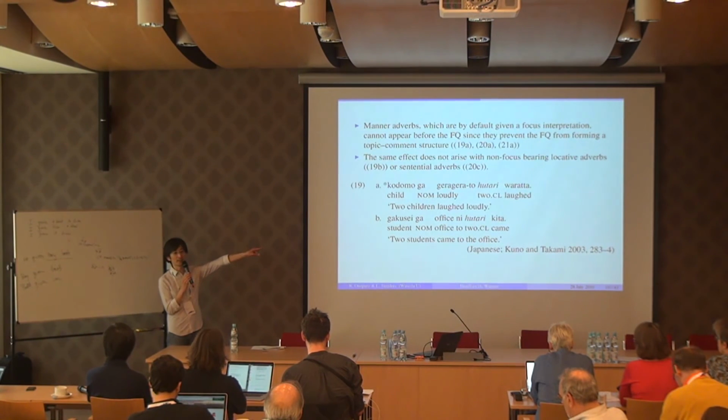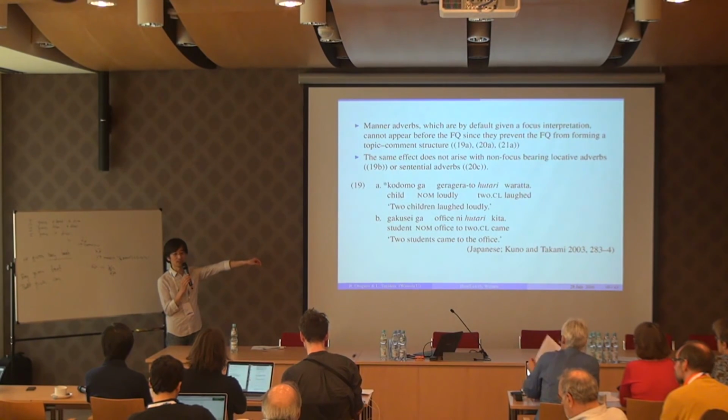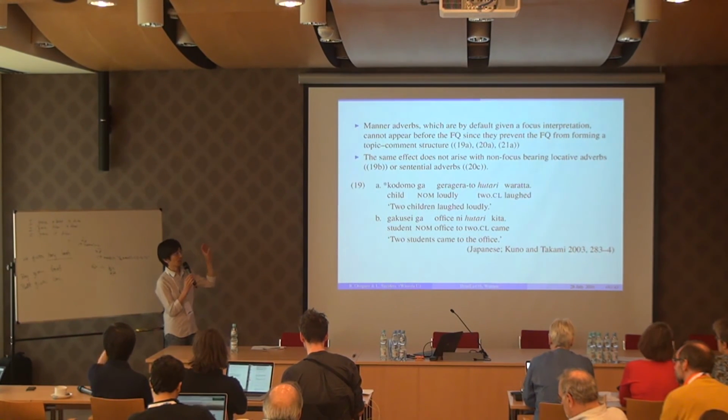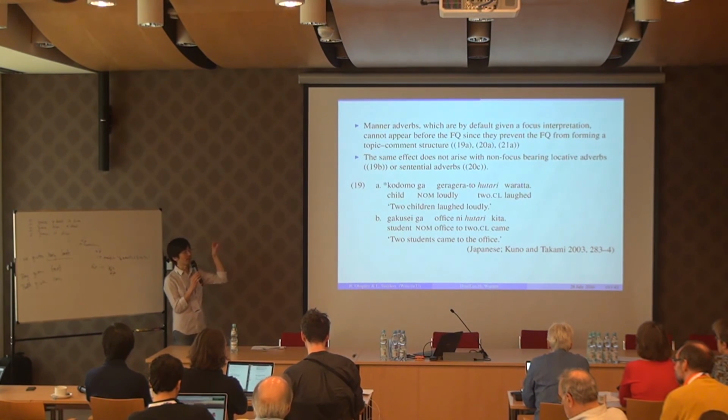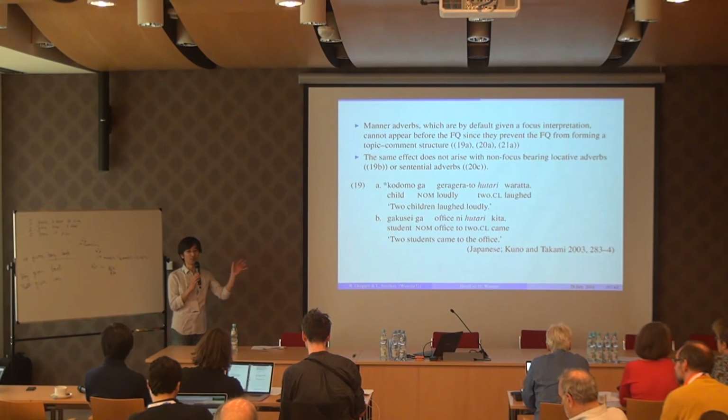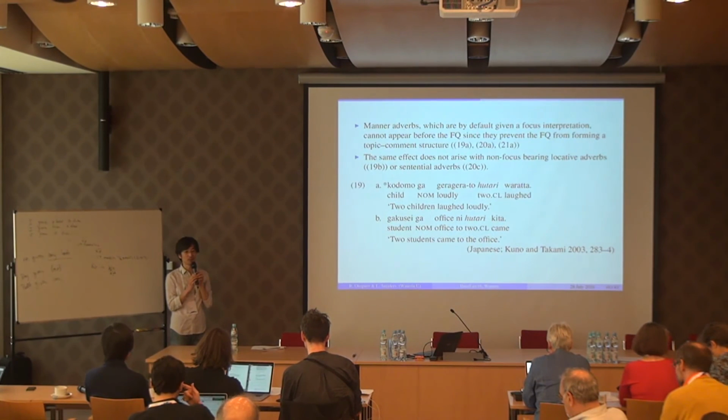And the quantifier is the focus part in the response. In that situation, we have a set of possible individuals who came to the office, and then we specify the type of the people in the answer. So I don't see any problem with that. I don't think that in that situation the subject gakusei-ga has a focus.